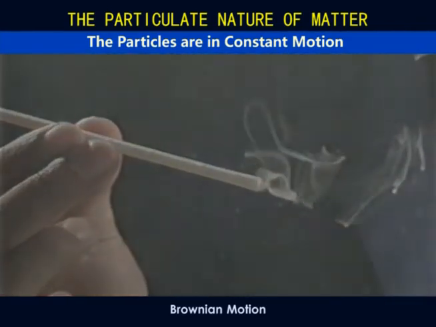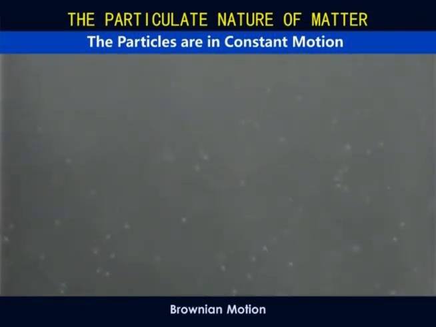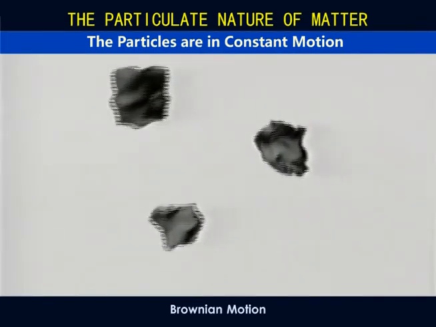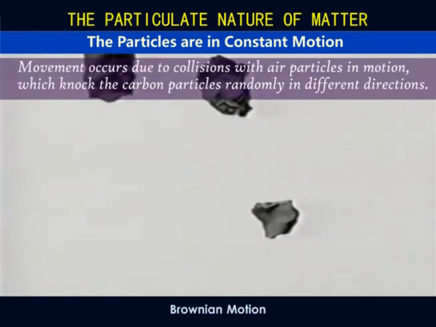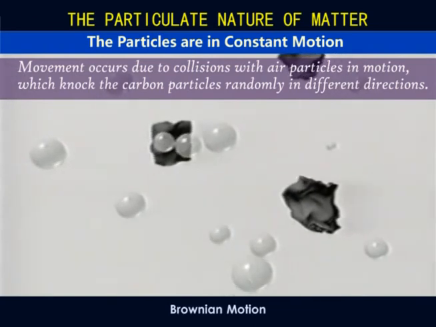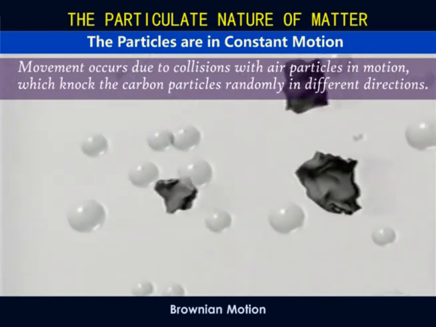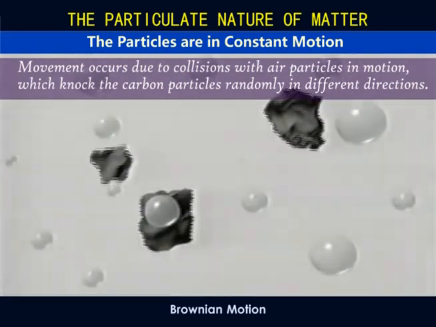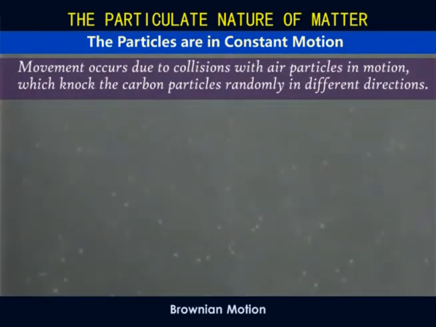Under a microscope, they cast the light and appear to glimmer. This dancing around of the carbon particles is caused by collisions with the invisible air particles. As the air particles move about, they knock the carbon particles randomly in different directions. So this is proof that the particles of matter are in constant motion.